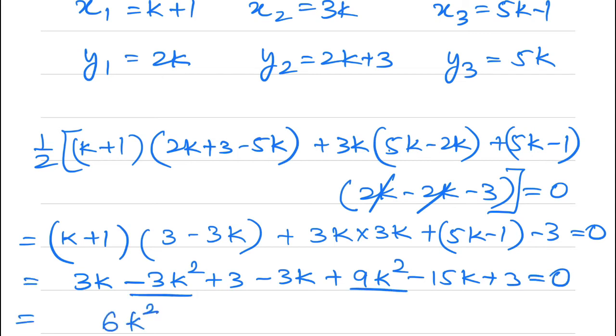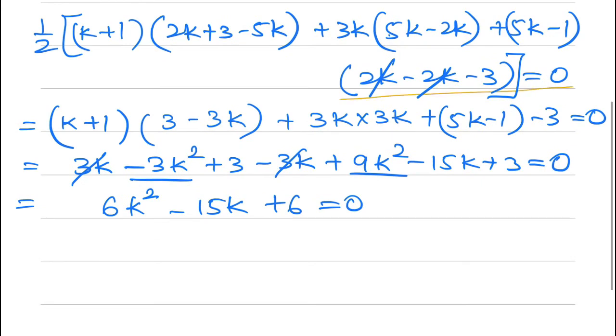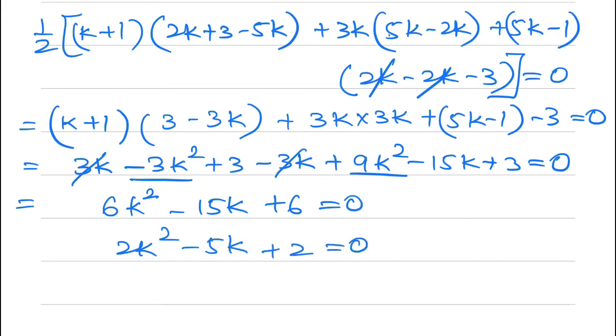6k square and this gets cancelled, so minus 15k plus 6 is equal to 0. We have a common factor 3, so 2k square minus 5k plus 2 is equal to 0. We have to factorize this equation and find two numbers such that sum is minus 5 and product is plus 4.